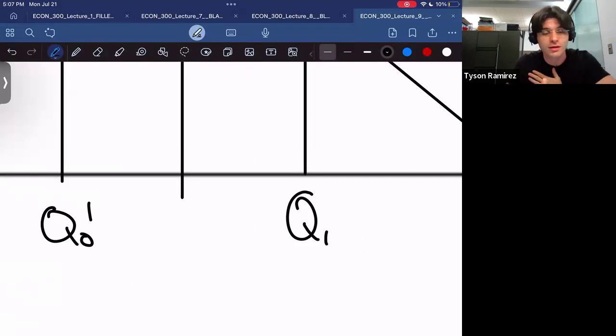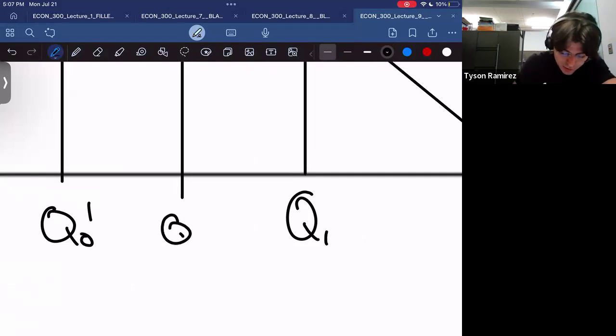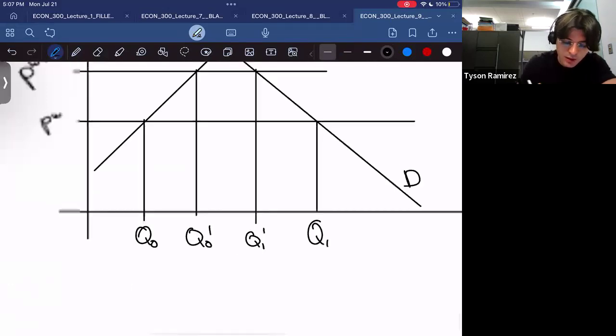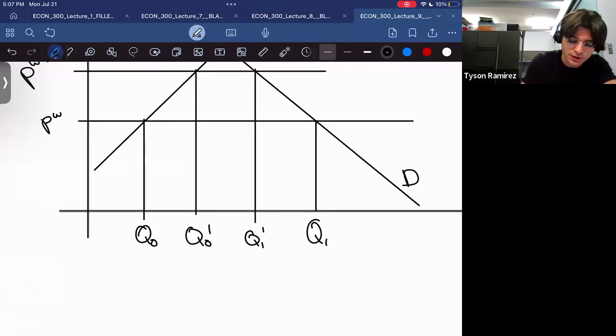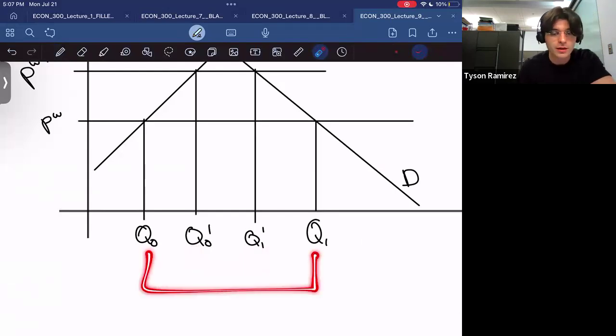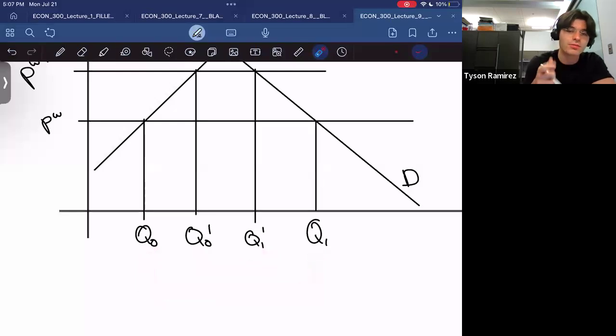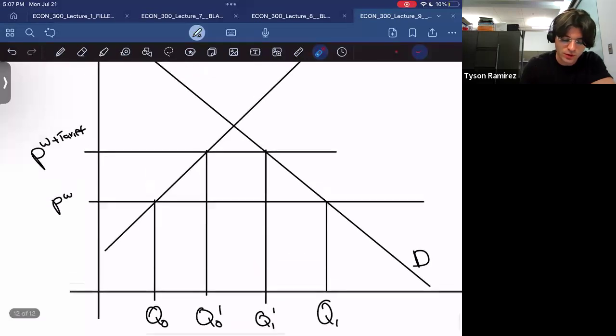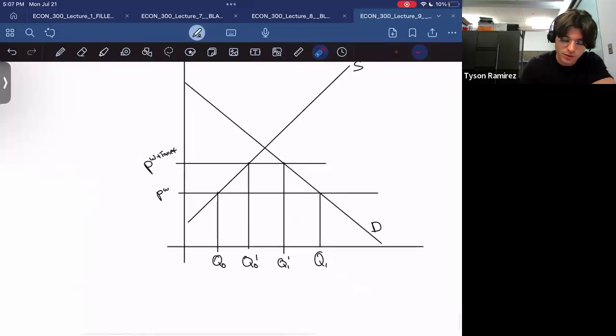We can't produce all of this stuff at home. So there is still a shortage, but now the shortage amount has decreased. The shortage amount was this great gap right here, but now it is this smaller gap right here. So the shortage has decreased and producers are enjoying more stuff.